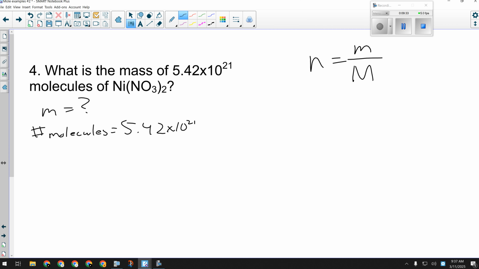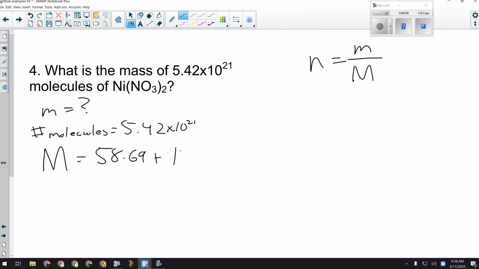And I have the material, so I'm going to find big M. Nickel(II) nitrate. Nickel is 58.69. How many nickel in this one? Just 1. And how many nitrogen? 2.